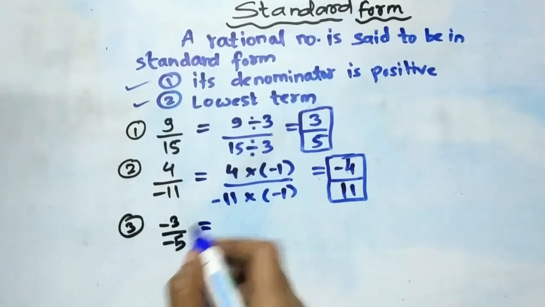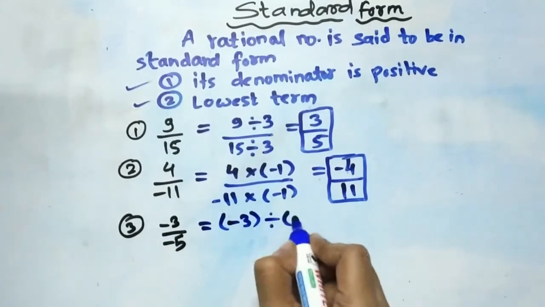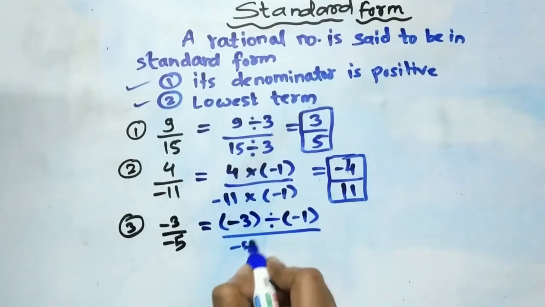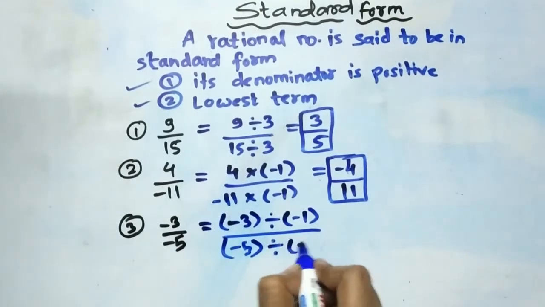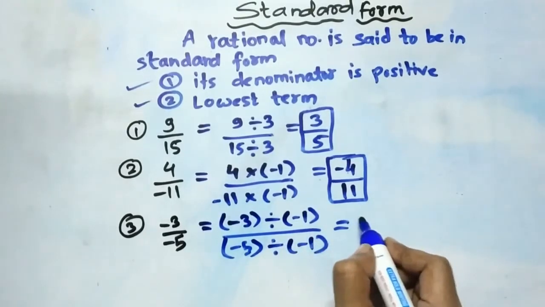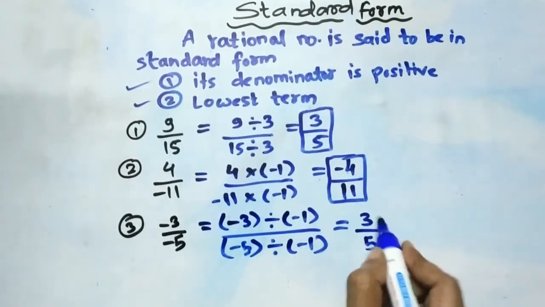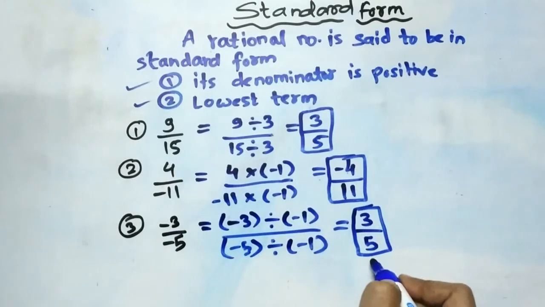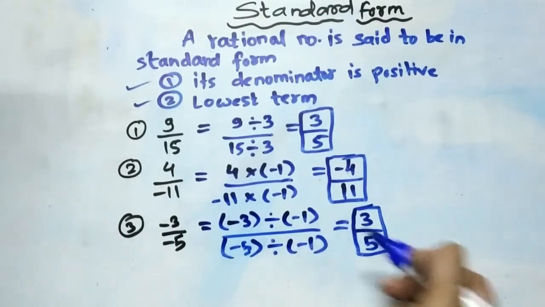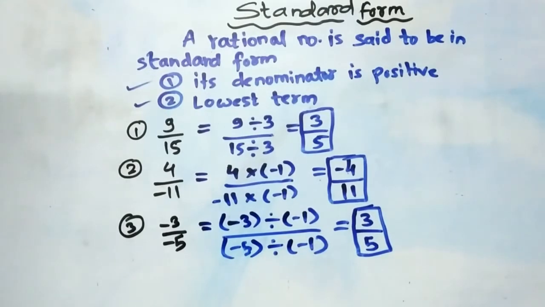So friends, yes, I will choose to divide by minus 1. Here I choose the non-zero number minus 1 to divide both the numerator and denominator. Here I'll get just positive 3 and in the denominator I'll get positive 5. So this 3 by 5 is nothing but the standard form of this minus 3 upon minus 5. So standard form is the form in which a rational number has its denominator positive and it's in the lowest term.